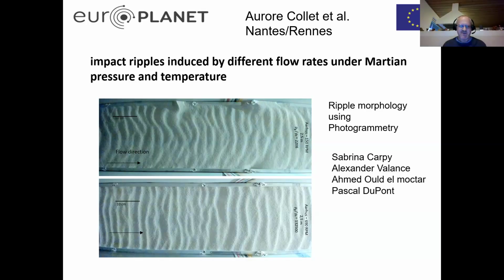It involves taking photos from different angles, and then you can make a 3D recreation of, for example, ripples in their case. So they were studying the small scale structure of ripples using photogrammetry. She came with some friends you may know, Alexander Valance and co-workers. I think they're at Rennes. They drove some sand up all the way from France.